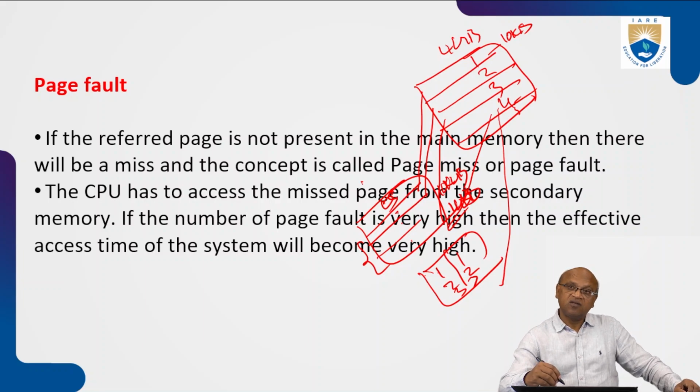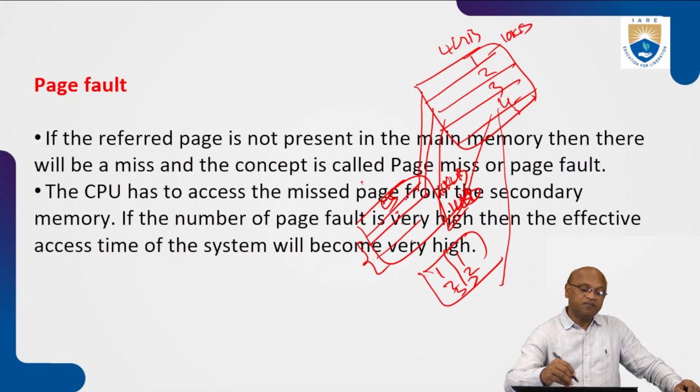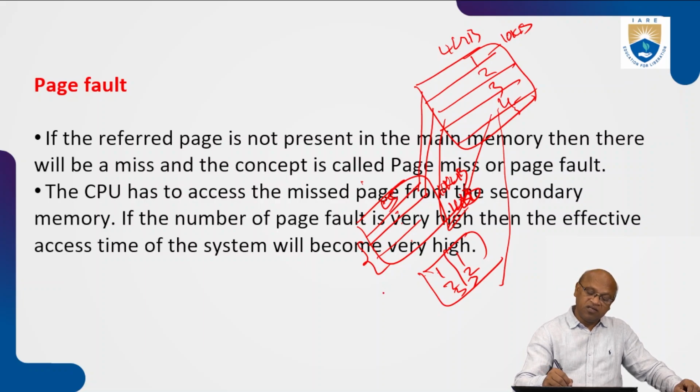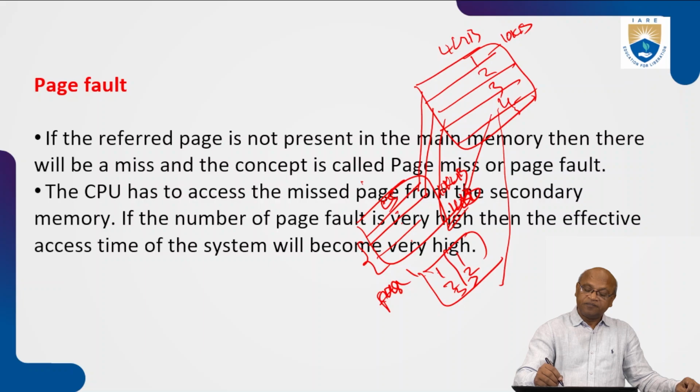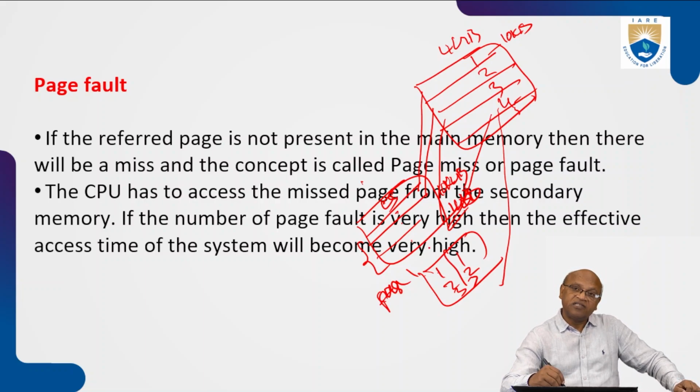Whenever the page demand occurs and the page is not available here, that is called a page fault. The page fault occurred because the 4th page is not here. That is called a miss, and whenever a miss occurs, a page fault is raised.